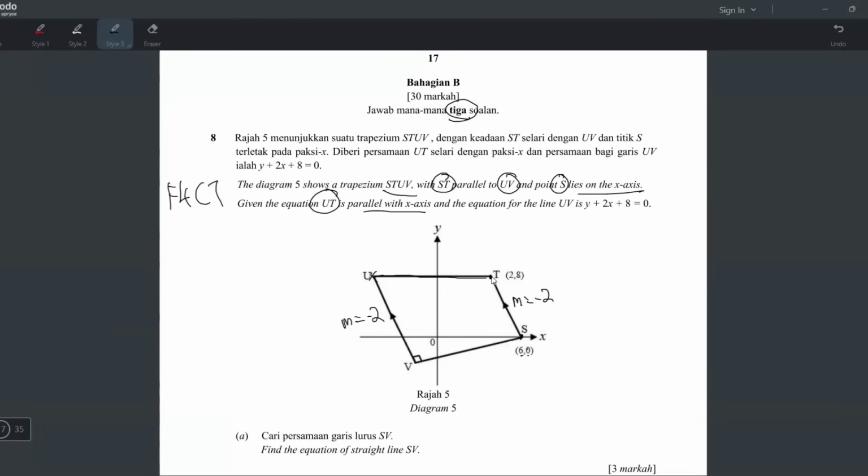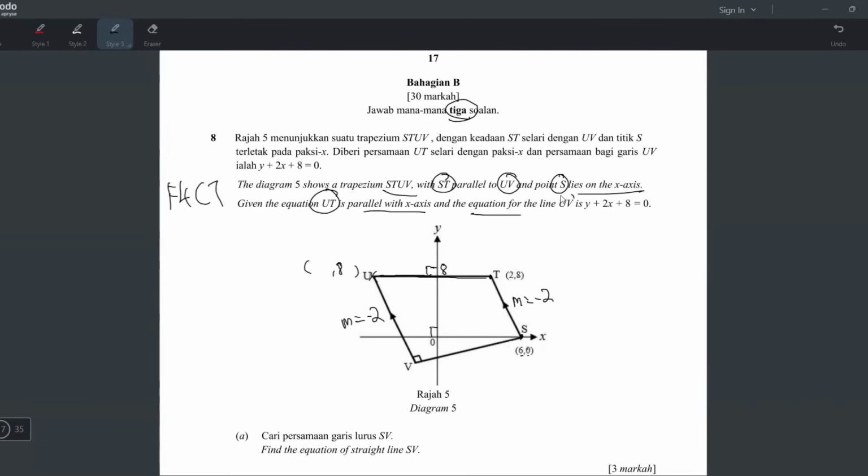So point T, if you read here, is 2, 8. And then point U will be what? I don't know the x coordinate, but I know the y coordinate will be 8. Because this is a completely horizontal line. If it's parallel with the x-axis, that means it must be 90 degrees here. So the y coordinate will be 8 also.